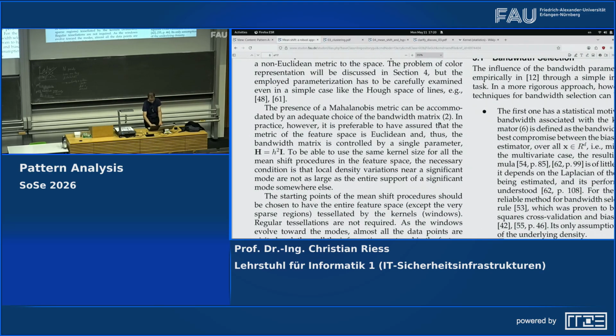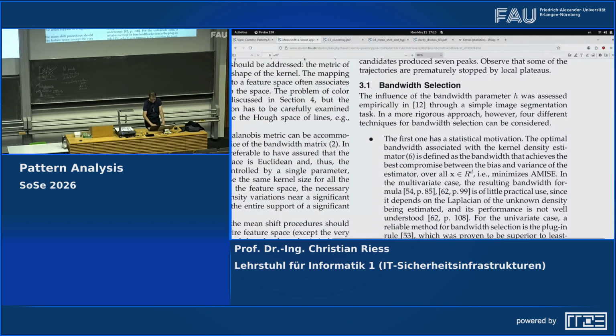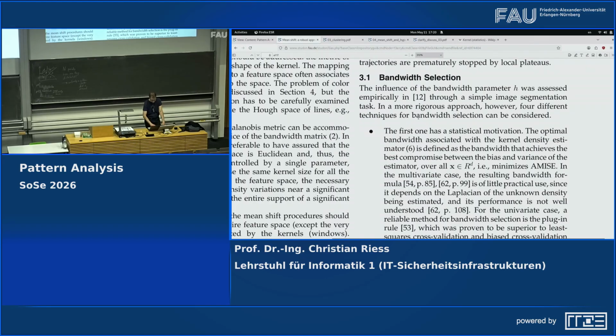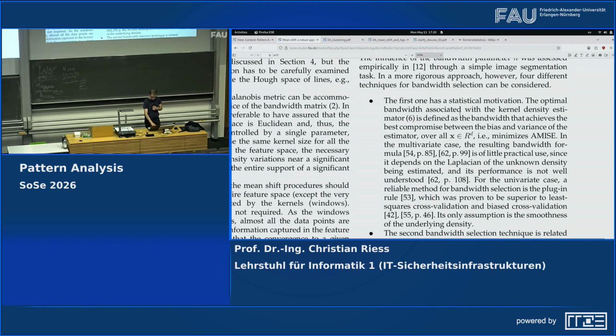I was just summarizing this a little bit here in 3.1, the bandwidth selection. They say there are different ways how you can select the bandwidth.